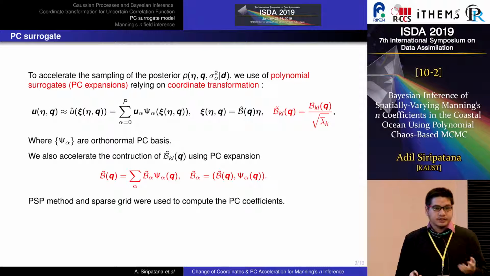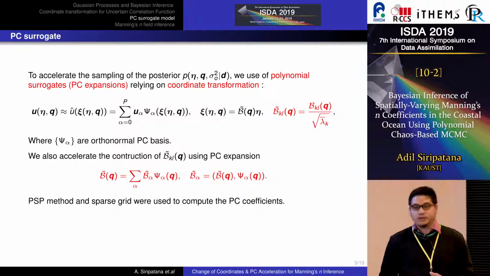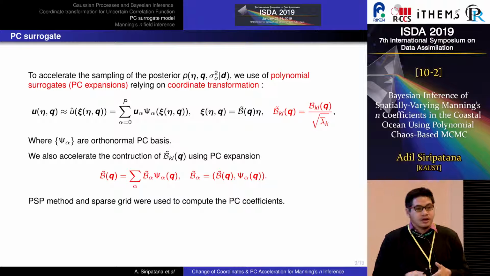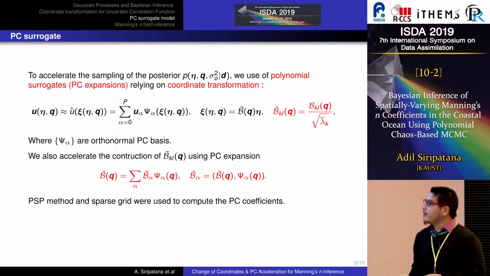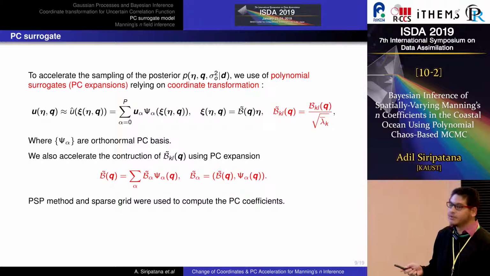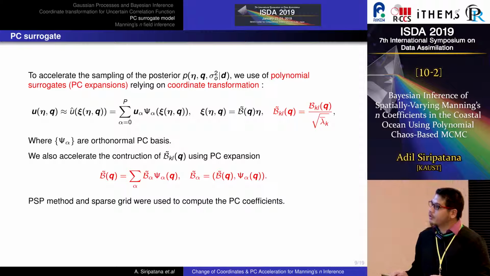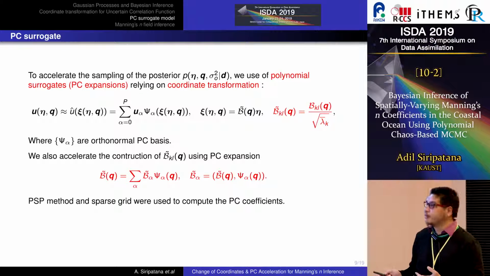Now, after we build this coordinate transformation matrix and the reference basis, we also want to build a PC surrogate to speed up our likelihood sampling. But we want to make sure that this construction is consistent with the coordinate transformation we made before. So we also have to build the coordinate transformation matrix B tilde here for the PC expansion. The PC expansion is just the approximation of the full solution U(eta, Q) using a summation of terms of coefficients multiplied by some polynomials.